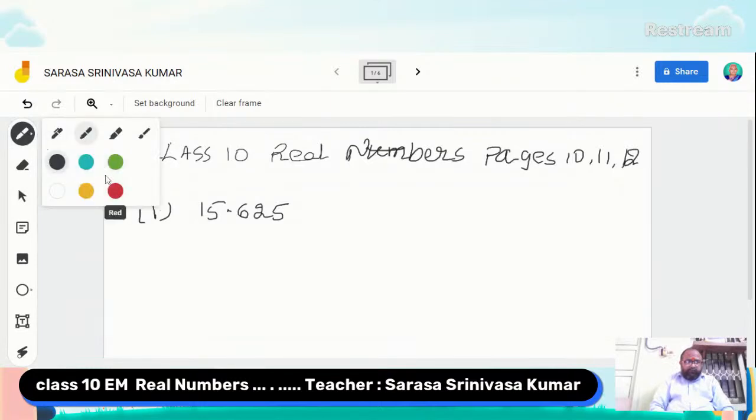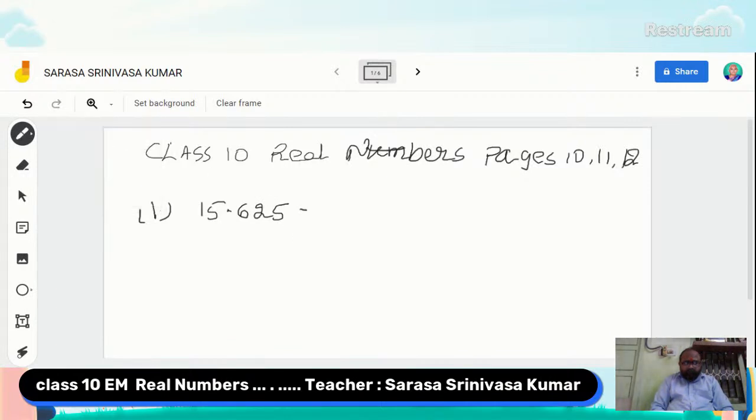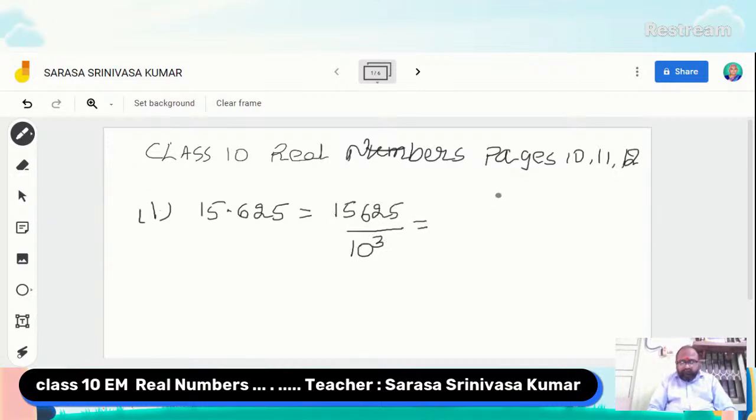When a number is given, this can be written as 15625 divided by 10 power 3. Now we have to find the prime factors for 15,625.